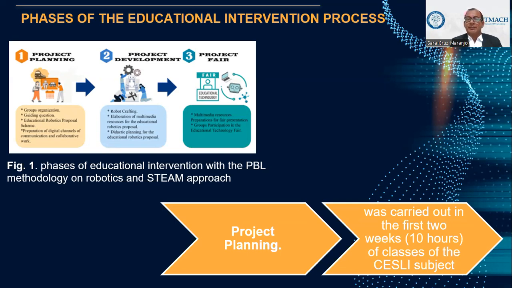And in the third step, which is the project fair, this fair was regarding educational technology: multimedia resources, preparations for fair presentations, and group participation in the educational technology fair.